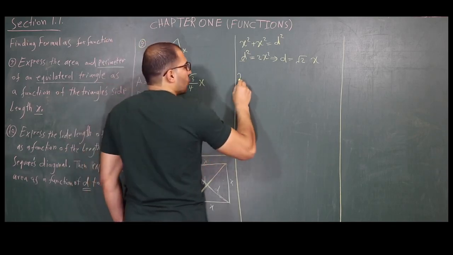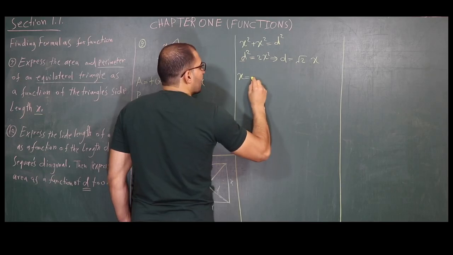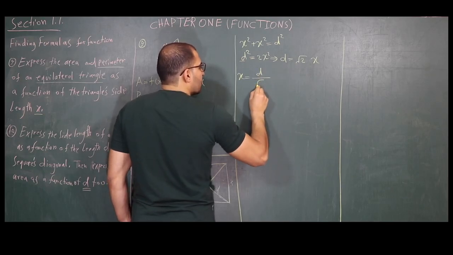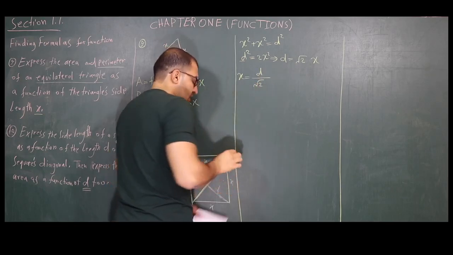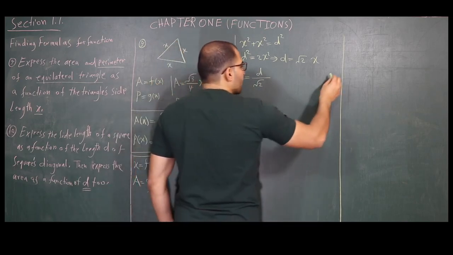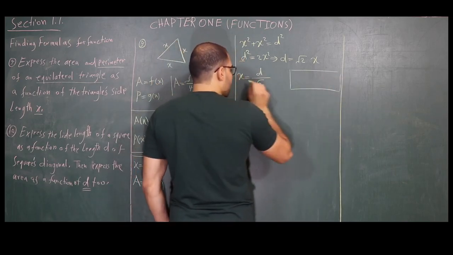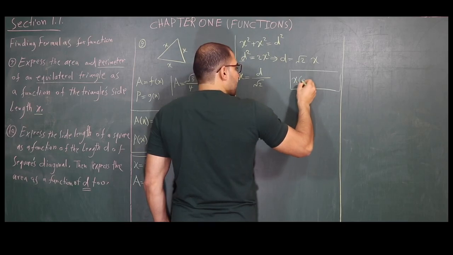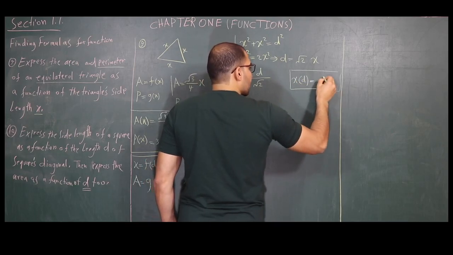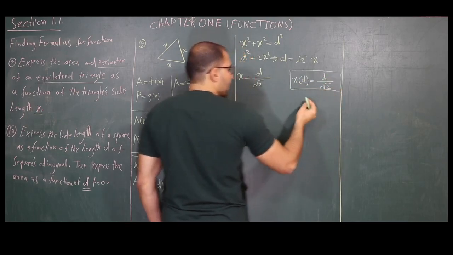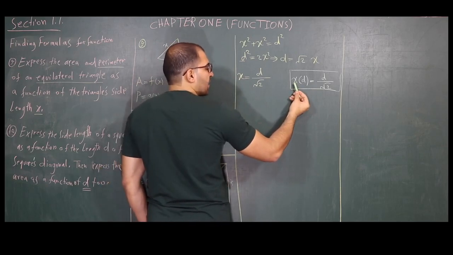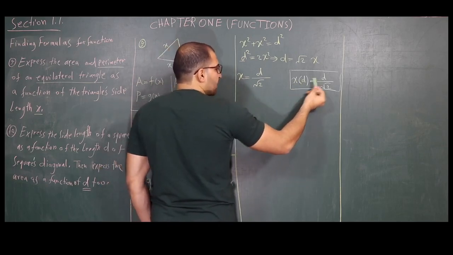So x will be D divided by the square root of 2. I can see right now that I expressed x as a dependent variable and D as an independent variable.